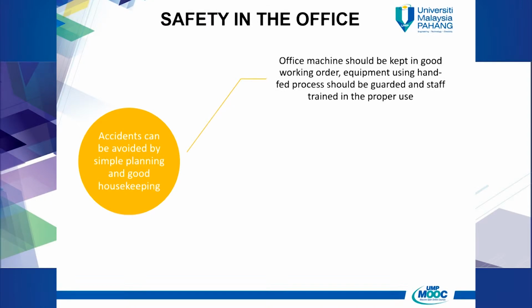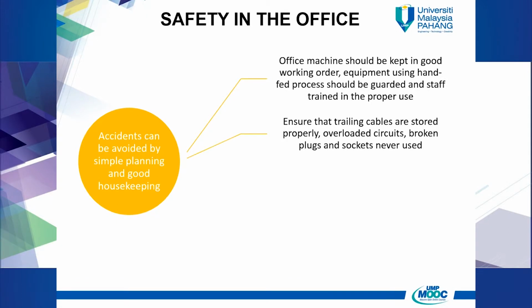Office machine and equipment should be kept in good working order. Equipment using hand-fed process such as electric staplers and paper guillotines should be guarded and staff are trained in their proper use. Trailing cables should be stored properly. Overloaded circuits, broken plugs and sockets should never be used.